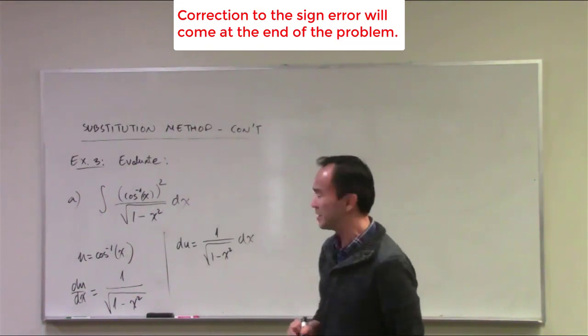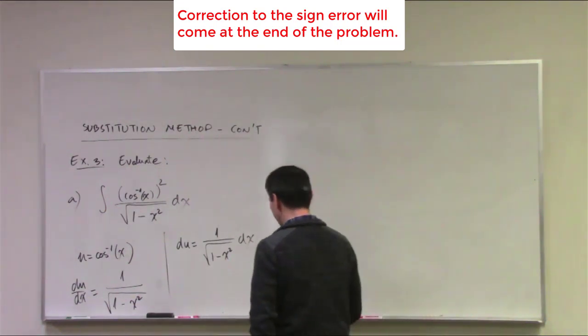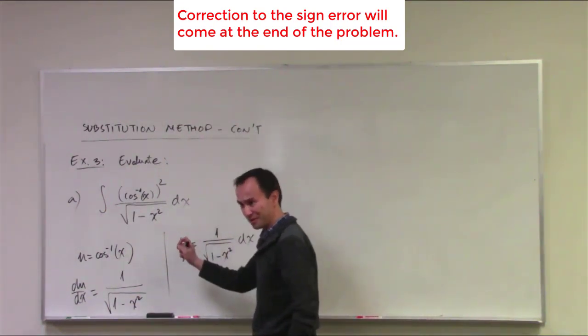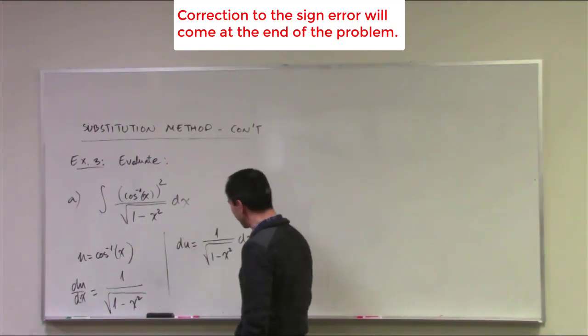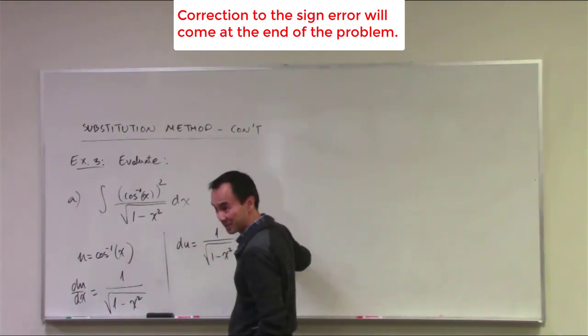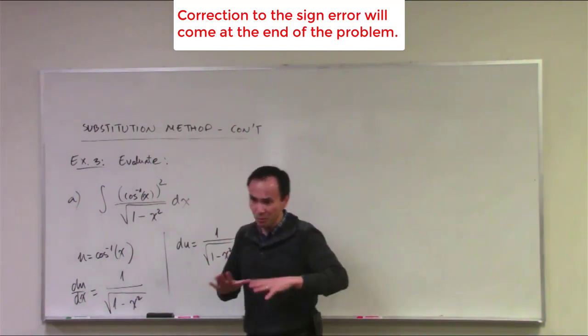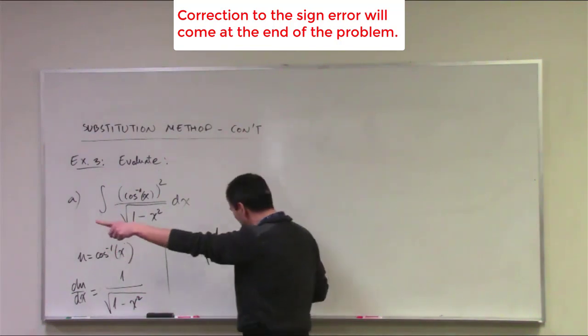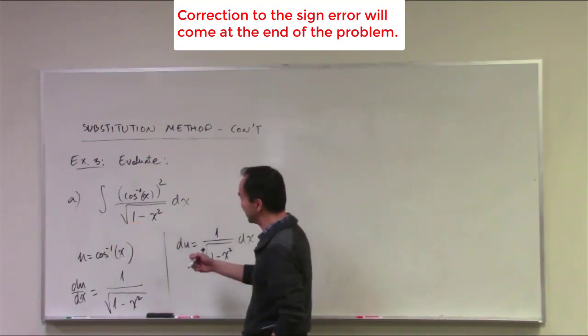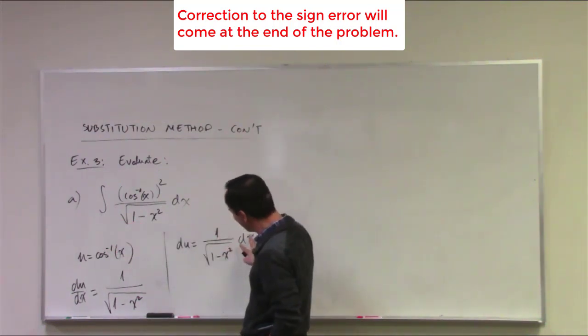See what I'm doing now? The style I've been approaching the substitution with is always solving for the dx, right? But at this point in your understanding, we can be even more flexible than that. As a matter of fact, the boss was using this style yesterday. You don't always have to solve for the dx.